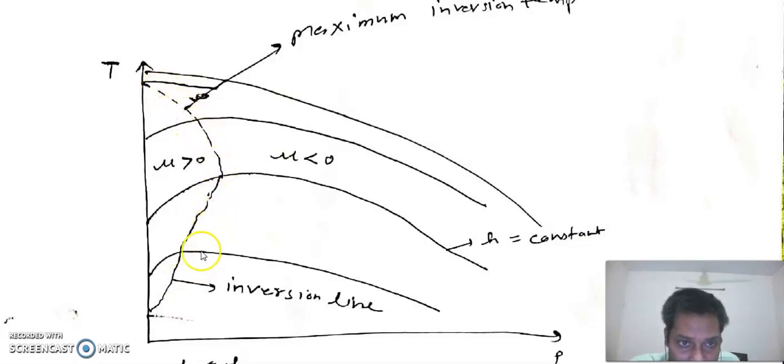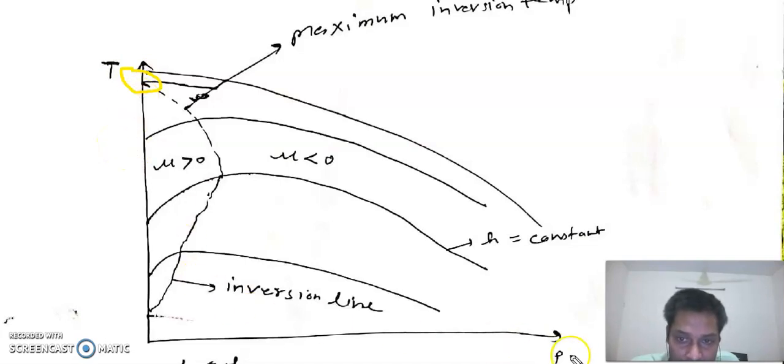This inversion line touches the y-axis at this point. So this point is called the maximum inversion temperature.